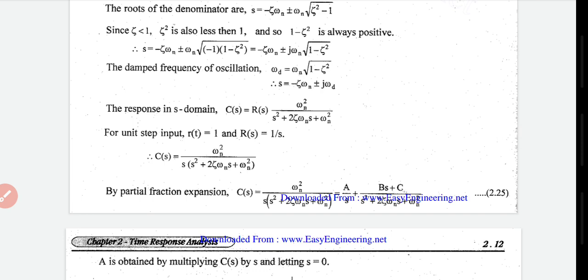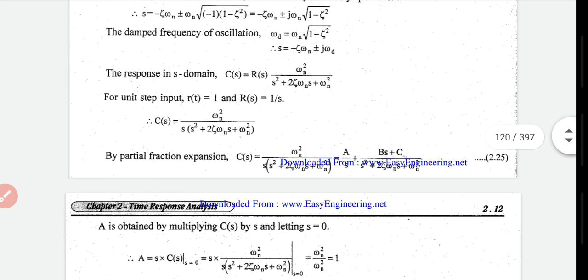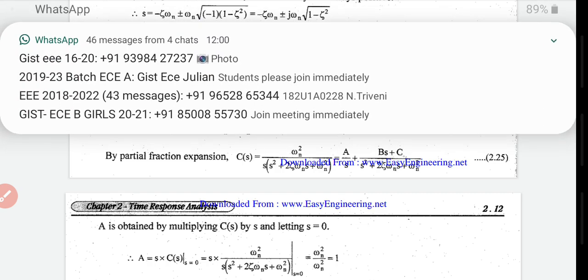So we have to find the response in time domain. Once again, by doing the partial fraction expansion, now you are going to have the C of t value. First of all, you are going to solve omega n square by S into S square plus 2 zeta omega n S plus omega n square by using the partial fraction expansion. So how are you writing this value?